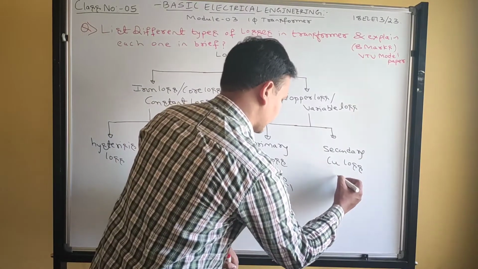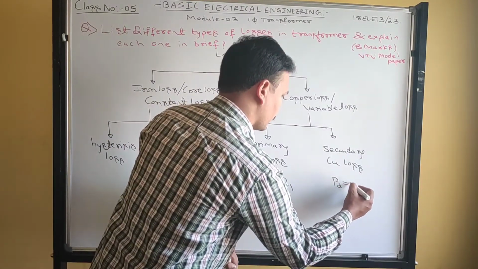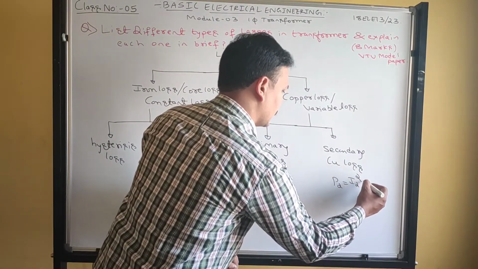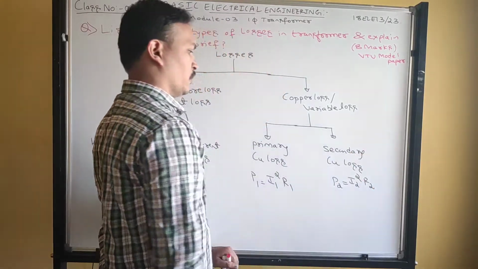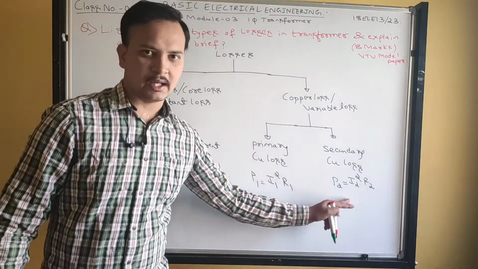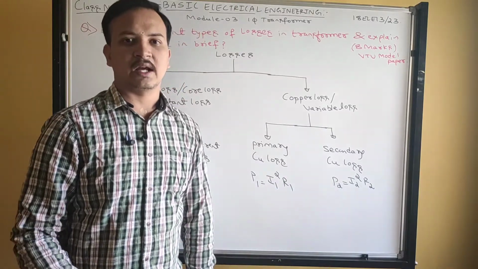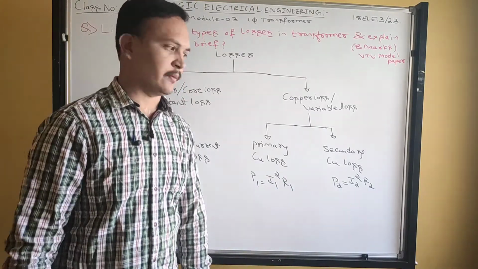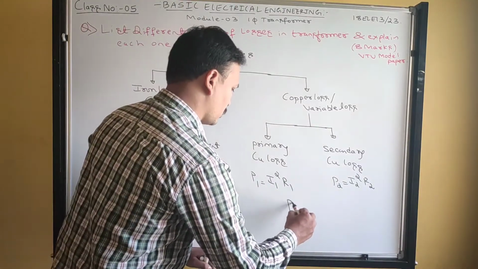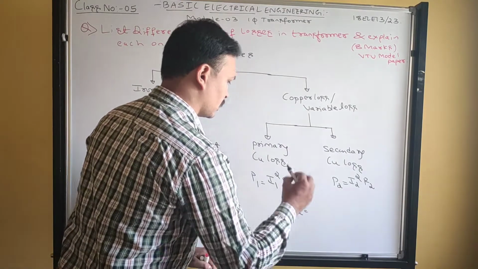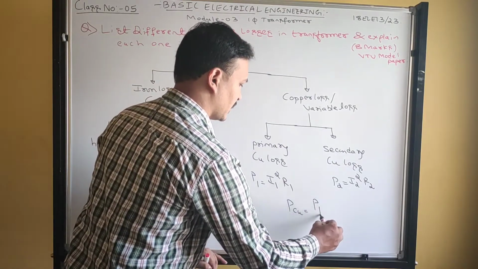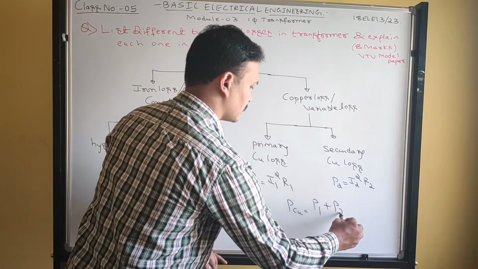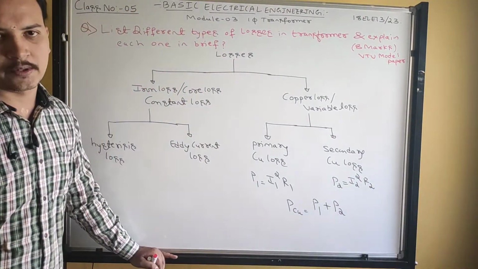Similarly, the secondary copper loss is P2 equal to I2 square into R2, where I2 is the secondary current and R2 is the secondary winding resistance. Therefore the total copper loss is primary copper loss plus secondary copper loss.